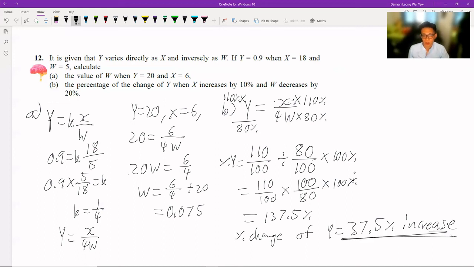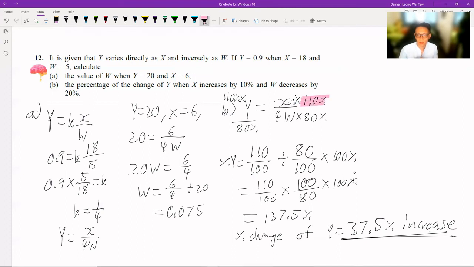Original is always 100%. That's why increase by 10% means it will become 110% of the original value. We cannot plus 10% because basically, for percentage you need to multiply to change the value. So increase by 10% means 110% of the original value. That's why I times the 110% here.